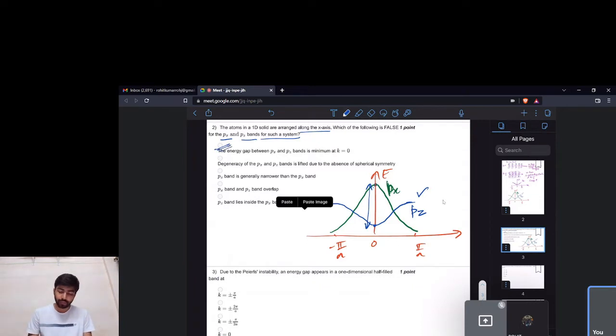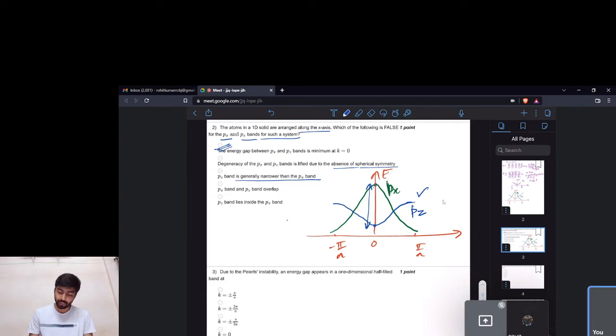Also, if we look at the other options, degeneracy of px and pz bands is lifted because now the potential is not spherically symmetric. It is only along the one dimension, and therefore the degeneracy of px and pz bands is lifted due to the absence of spherical symmetry.